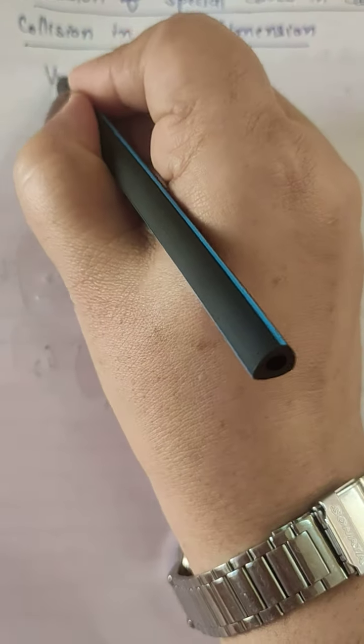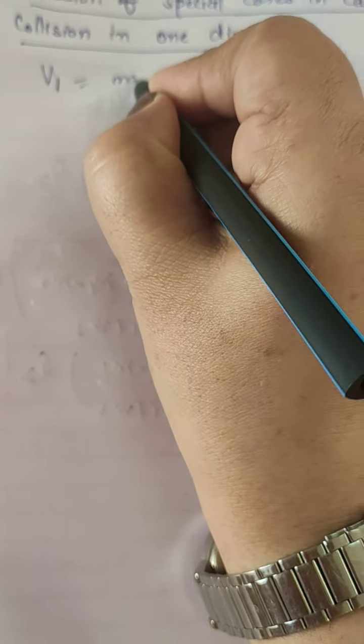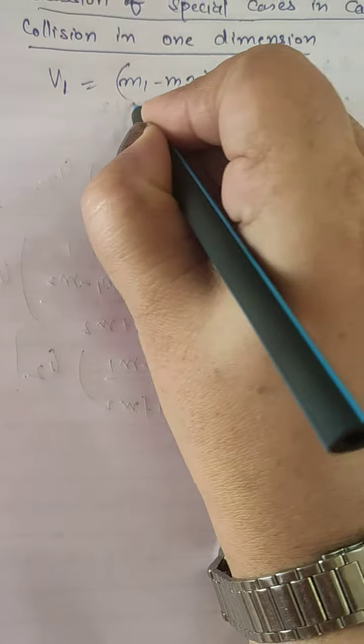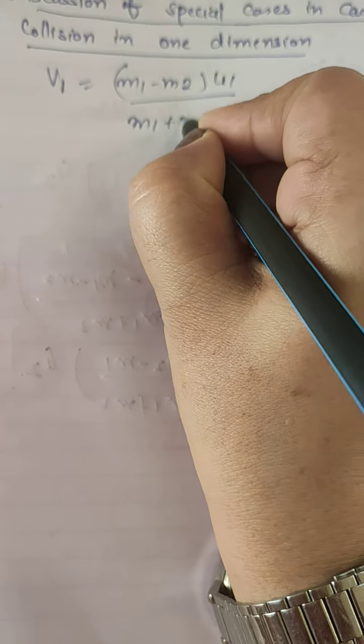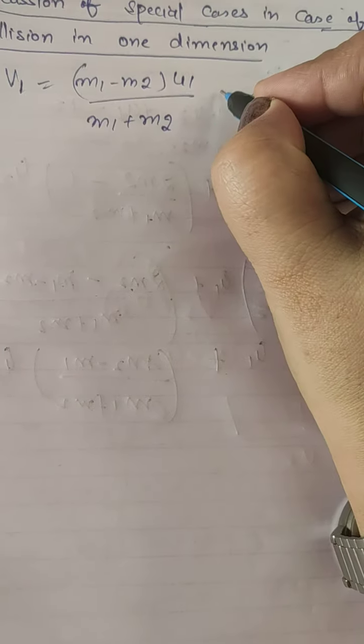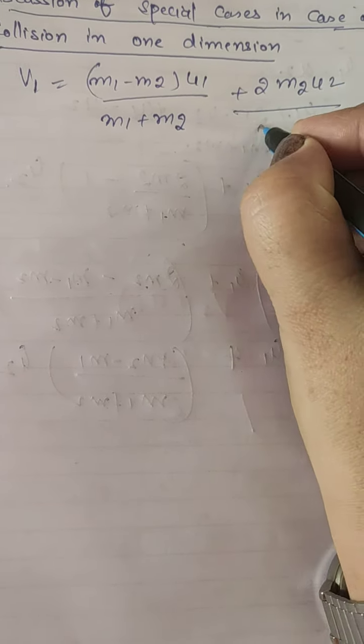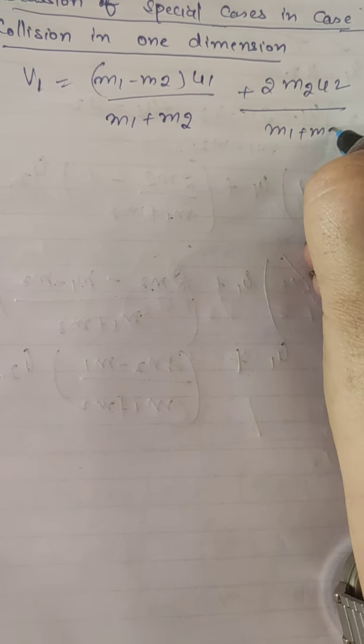We have just calculated that v1 is equal to (m1 minus m2) into u1 divided by (m1 plus m2) plus 2m2 u2 divided by (m1 plus m2).